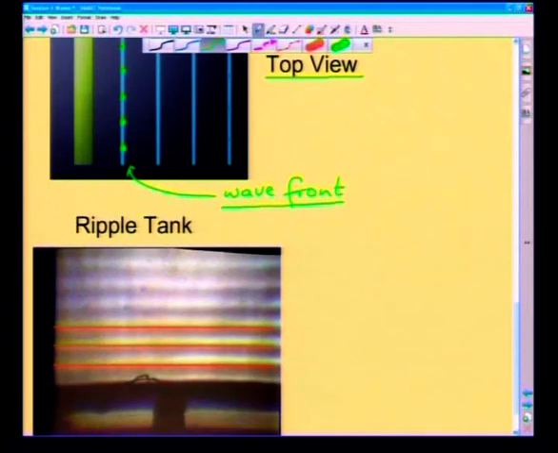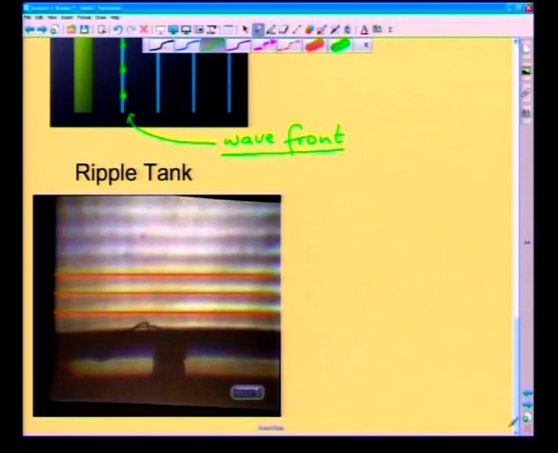Now let's look at something that we can refer to from a ripple tank. We know that this is what we can use in our own laboratories to generate waves and check what is happening. If you have got a ripple tank and waves are generated on the water inside the ripple tank, what you will see is lines or waves where you will have the top sections going up there, and you will also have something deepening down there, which will be this line here.